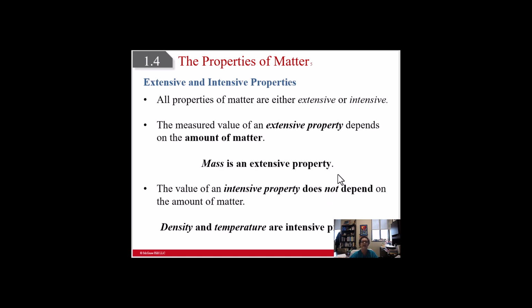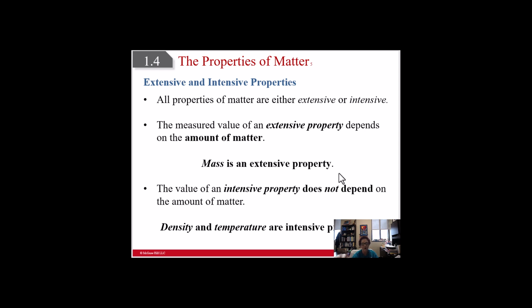Extensive and intensive properties are the opposite, okay? Measured values of an extensive property depend on the amount you have. Mass is an extensive property because if I have this amount, okay, that's a certain mass, but if I have this amount of the same material, it's going to be a higher mass.